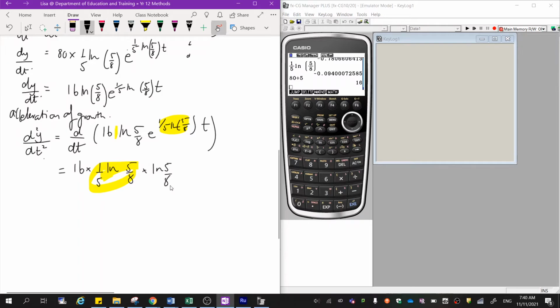So you don't have to do it that way, but they're all multiplying, so you're going to get the same answer anyway. t, okay, so that will be our second derivative for the acceleration of growth. So what does acceleration show you? It's going to show you what the function of the speed of the growth is with respect to the months.